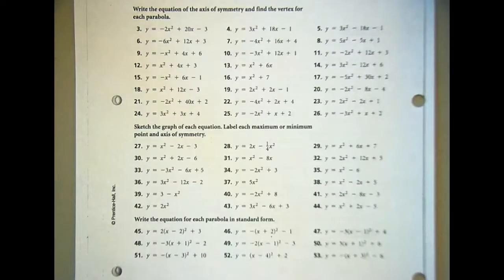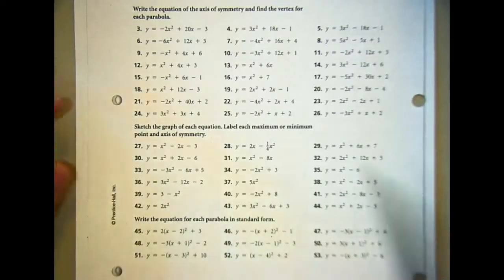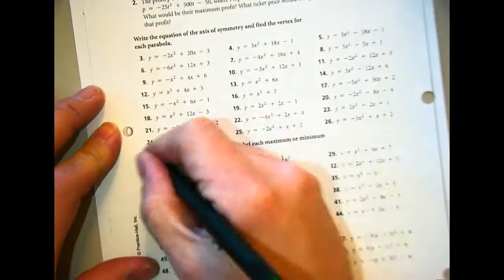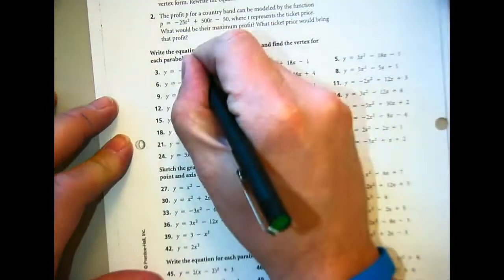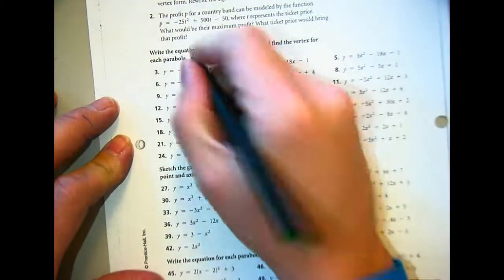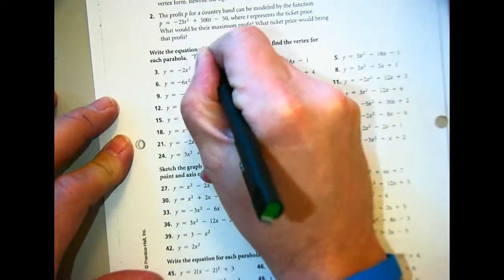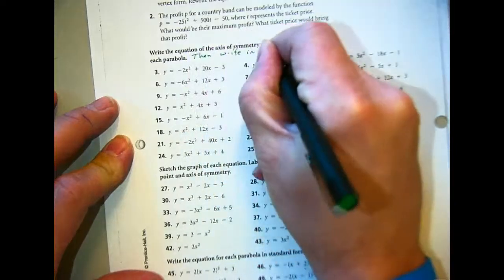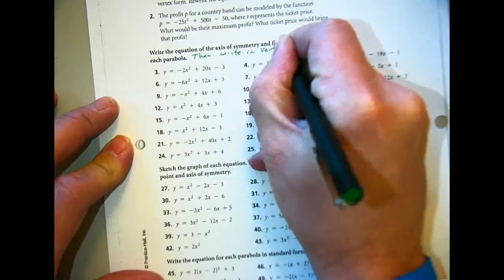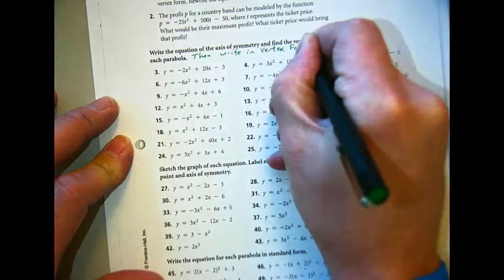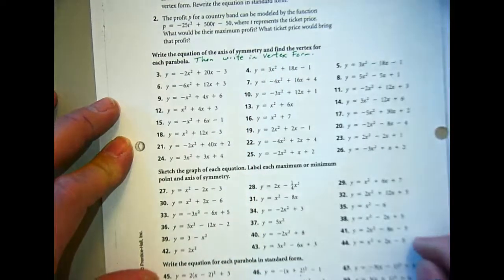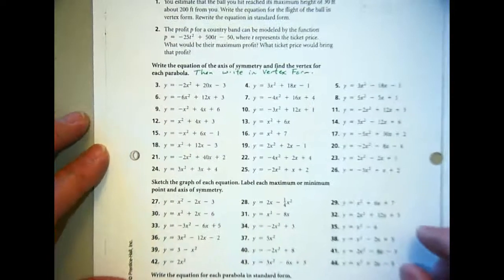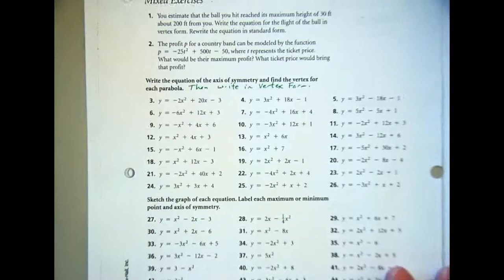Let's change some of these instructions. First, for 3 through 26, this section, I want you to add then write in vertex form. So after you find the vertex and the axis of symmetry, I want you to write it in vertex form.